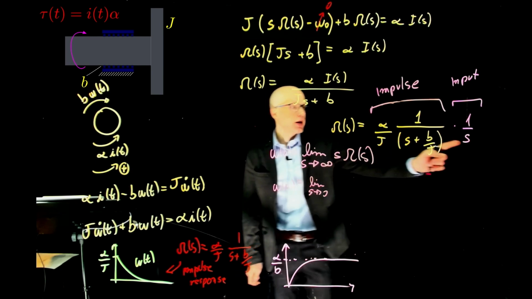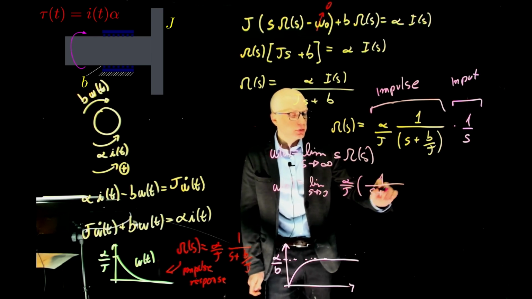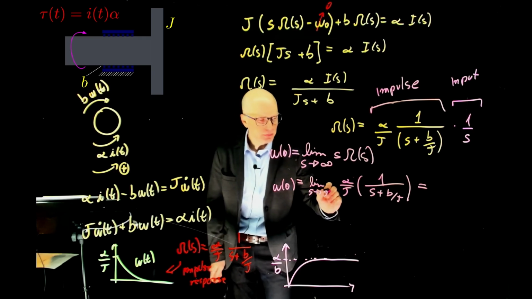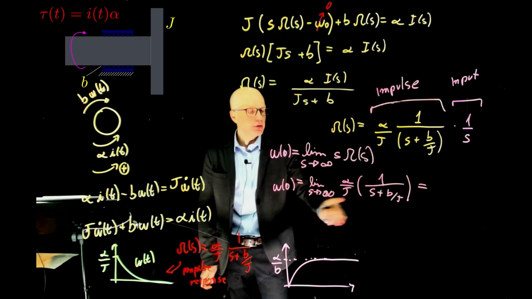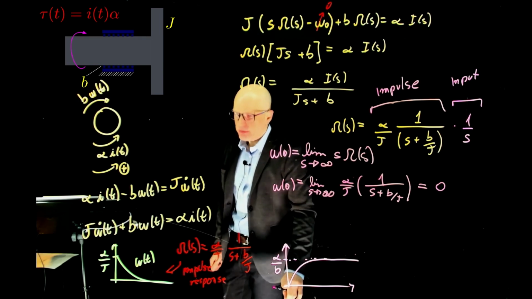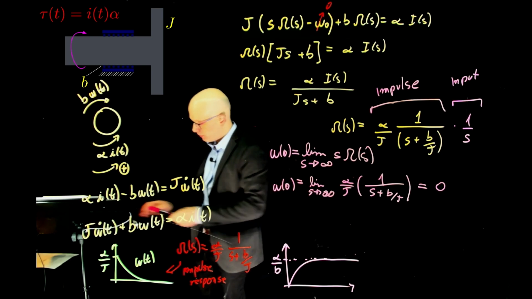This s and that s cancel out. So I'm left with alpha over j times 1 over s plus b over j. And the result of this, when s tends to infinity, excuse me, I wrote 0 here, it should be infinity, is 0. We found the same value, but we didn't have to compute the inverse Laplace transform.